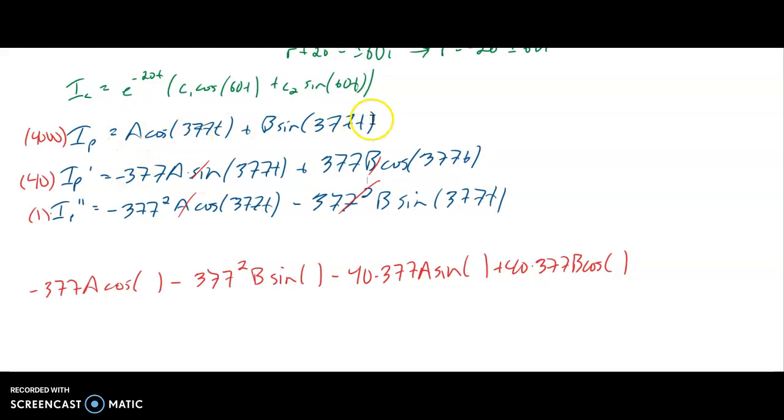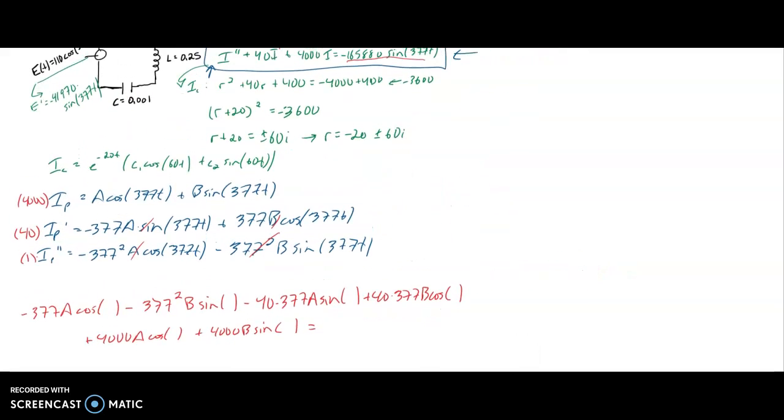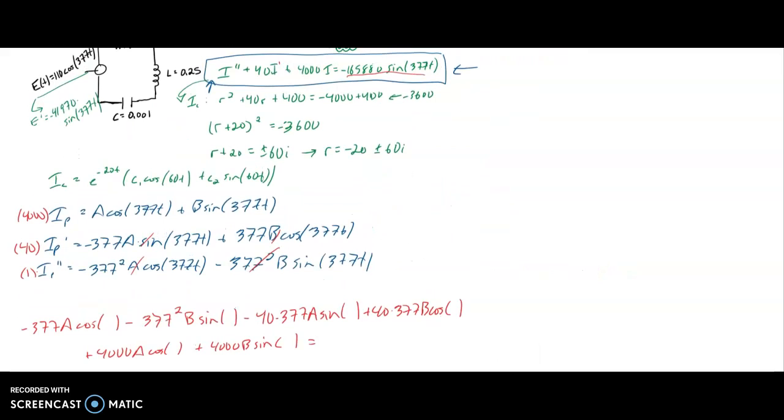And now I've got to multiply this line by 4,000. So I'll do that down here. So plus 4,000 a cosine of, and then plus 4,000 b sine of. And then that is equal to, take it up from the top up there, that negative 165,880 sine of.